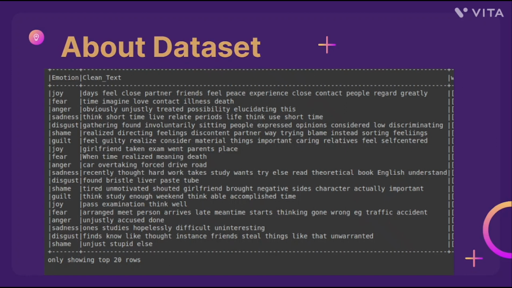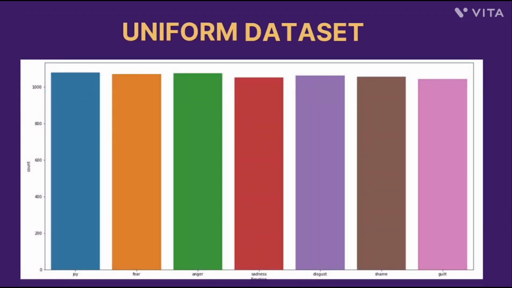Moving forward, here we can see a bar plot. So what is this bar plot about? You can see that each class, whether it is joy, fear, anger, or guilt, all the classes have almost the same amount of data. So this is an almost uniform dataset.